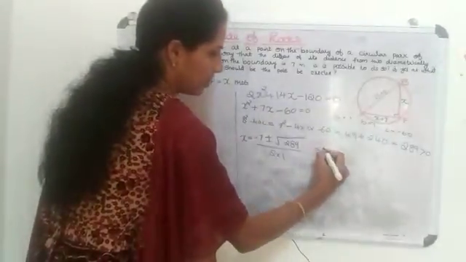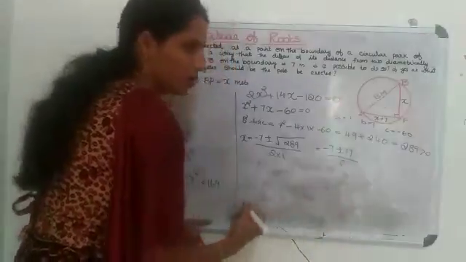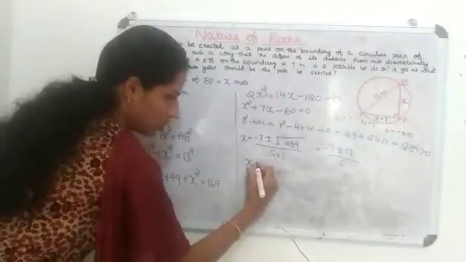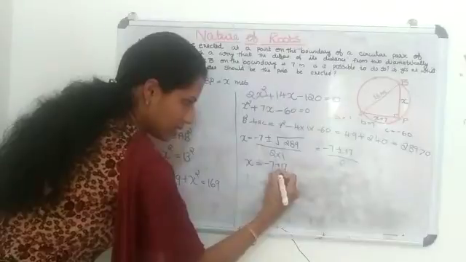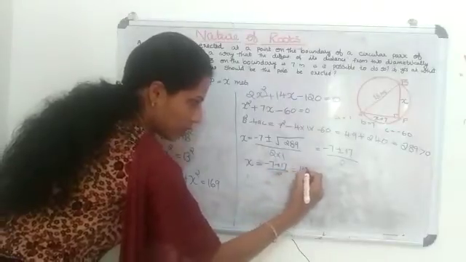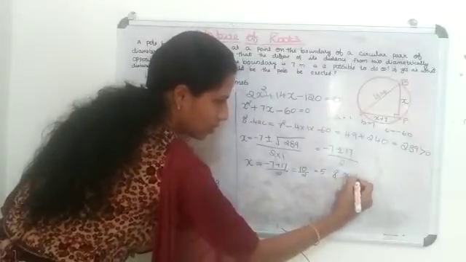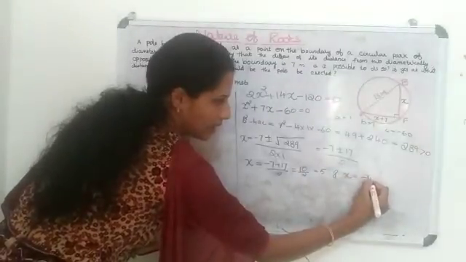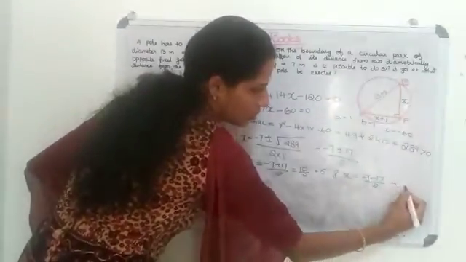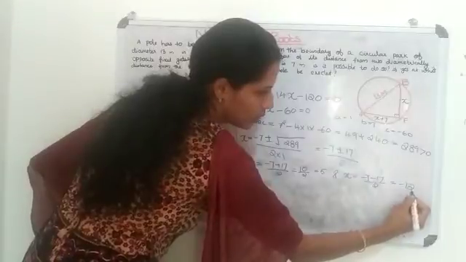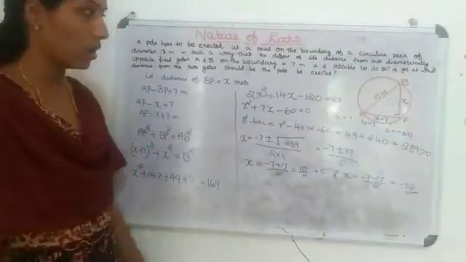That is minus 7 plus or minus 17 by 2. Two distinct real roots: one is minus 7 plus 17 by 2, equal to 10 by 2, equal to 5, and x equal to minus 7 minus 17 by 2, that is minus 24 by 2, that is minus 12. So two distinct real roots we found.